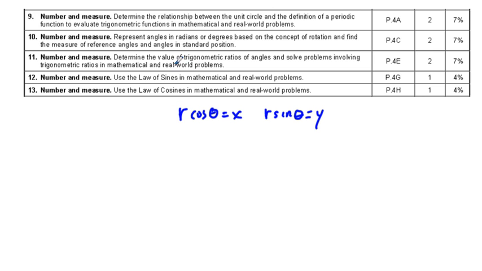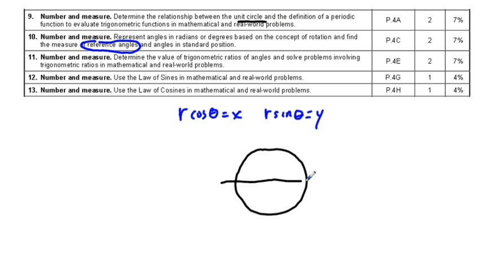So basically, the only thing I'm going to talk about here is a reference angle. What is a reference angle? The first one here talks about the unit circle. A unit circle is a circle that is graphed on a coordinate plane with a radius of 1.